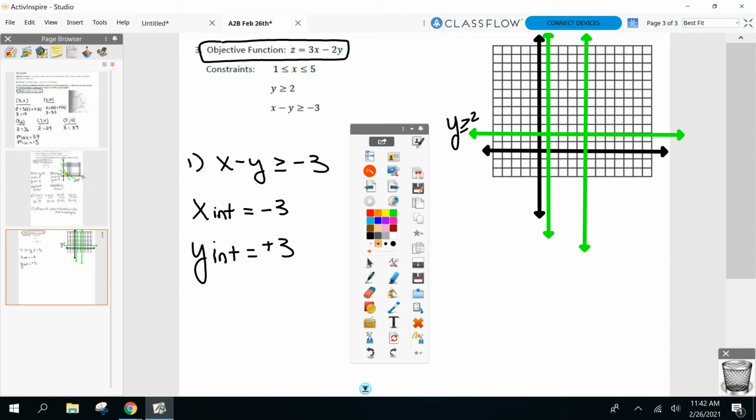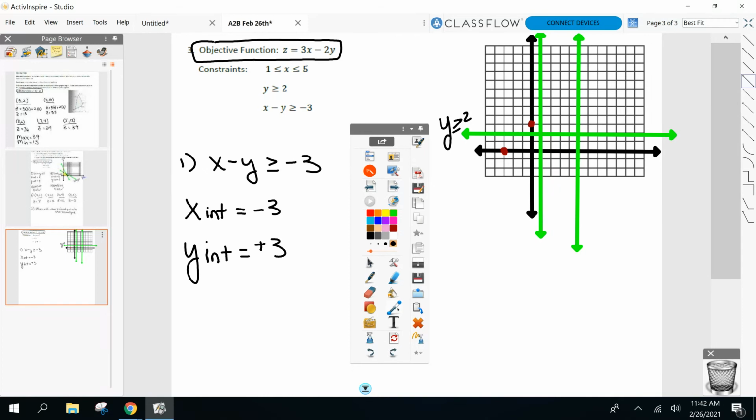Let's go to our x minus y greater than or equal to negative 3. Negative 3 on the x. Positive 3 on the y. Graph your line in.